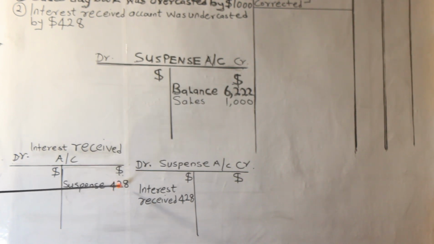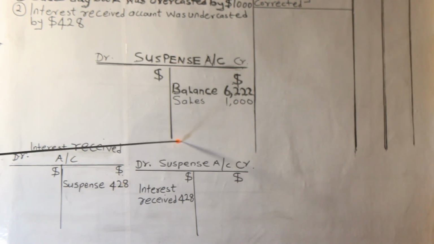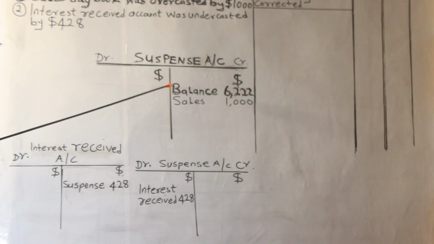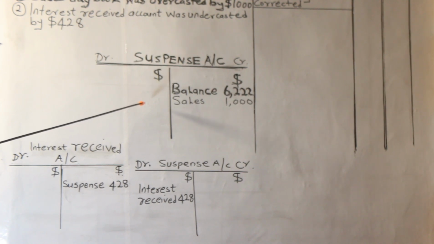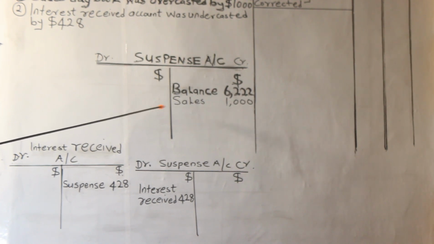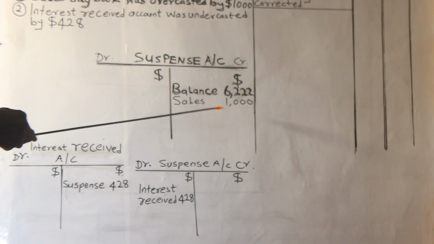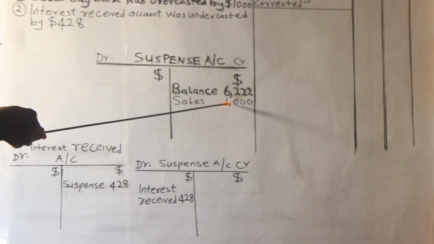And where we usually place this figure is at the side that was increased, because all we are showing in the suspense account is to put the figures on the credit and on the debit side. These figures are the figures that have made the trial balance either increase or decrease. As you can see, the sales account has made the trial balance increase on the credit side by 1,000, and that is why it is there.